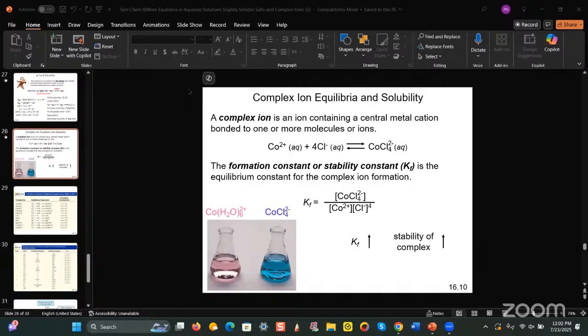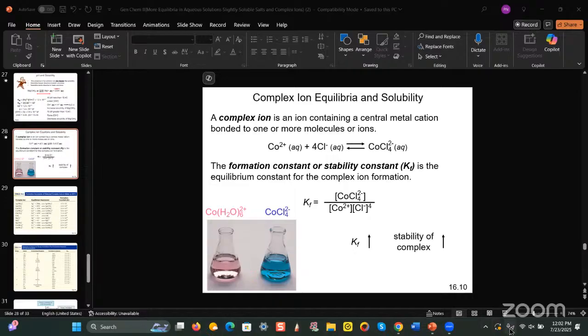Okay, so we're going to finish up on this chapter. There's really only one other topic to discuss, and that has to do with the equilibrium or equilibria that's associated with the formation of complex ions, right? So firstly, we have to start off with a definition of what a complex ion is.